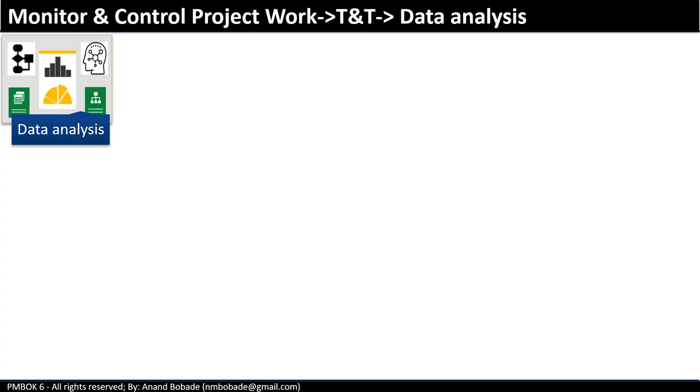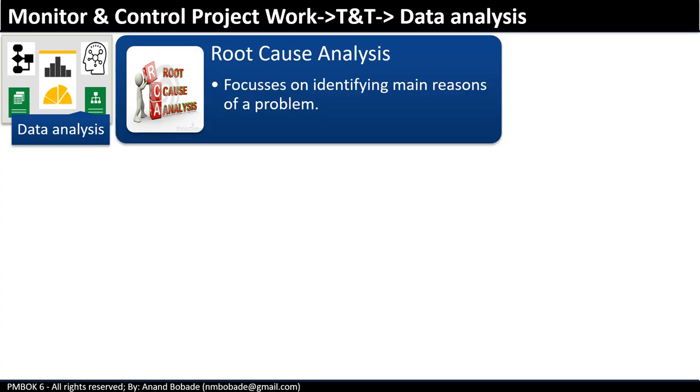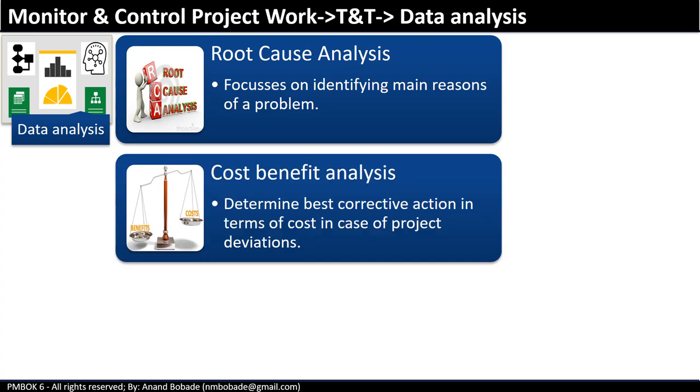Root cause analysis helps you to focus on identifying the main reasons of a problem, the root cause of a problem. It identifies reasons for deviations and areas where the project manager needs to focus the most. Cost benefit analysis determines the best corrective action in terms of cost in case of project deviations.